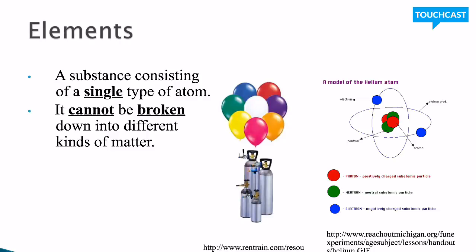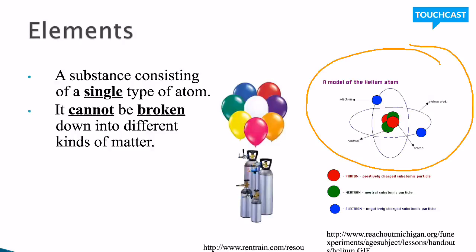This is also something that we've already discussed, but let's just make sure we have the proper definition. It is a substance consisting of a single type of atom, and it cannot be broken down into different kinds of matter. So if you look here on this graphic, we have an atom of helium.